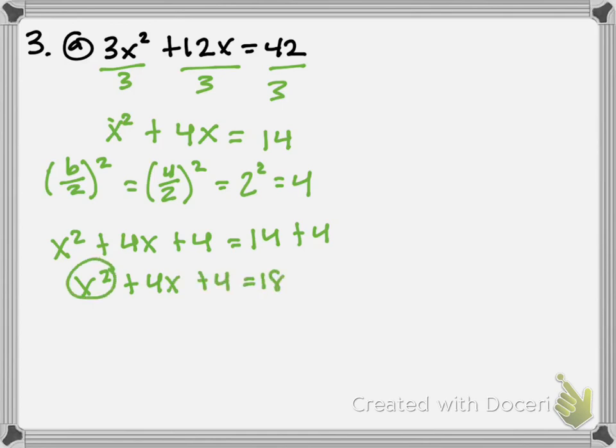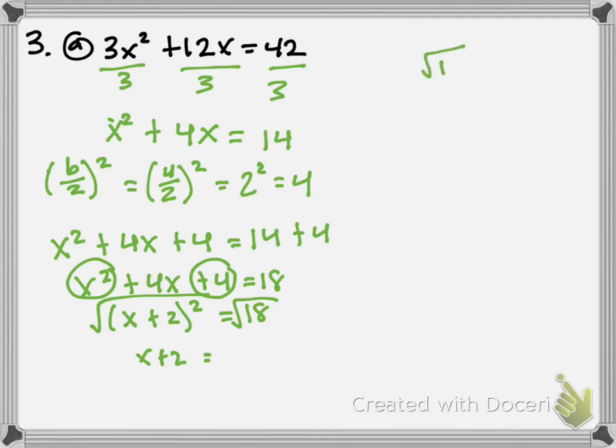This is a perfect square. This is a perfect square. So (x plus 2) squared equals 18. How do I solve for x? I'm going to take the square root of both sides. So x plus 2 equals, this is where it gets a little weird because 18 is not a perfect square, right? So I have to first simplify the square root of 18. Well, 18 is 9 and 2, and 9 is 3 and 3.